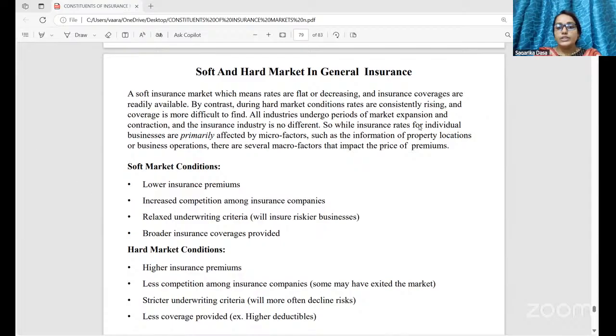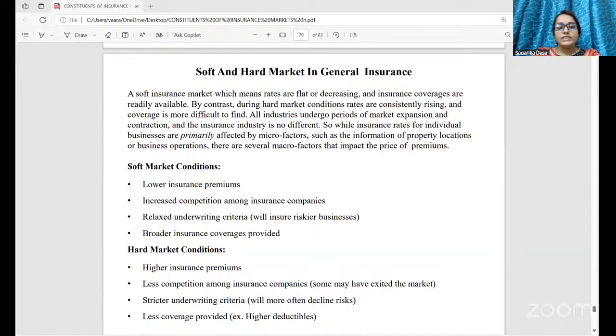While insurance rates for individual businesses are primarily affected by micro factors such as information on property locations or business operations, and there are several other factors that impact the price of the premium. Basically, soft or hard market can be defined as the changes in the value of the premium, whether it is increasing or decreasing in general insurance policies.